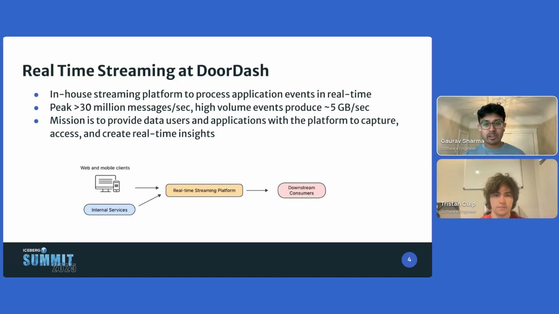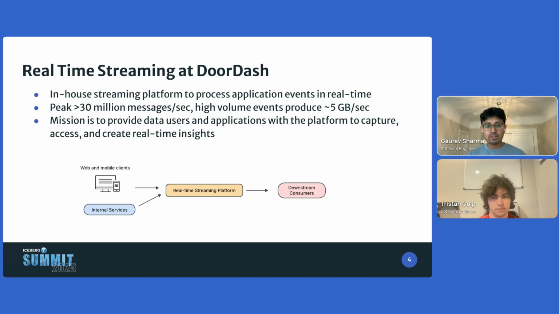Just to talk a little bit about scale, at our peak traffic time, we're looking at more than 30 million messages per second coming in. And some of our highest volume events produce up to 5 gigabytes of data per second. So the overall mission of our platform is to provide our data users and applications with the capability to capture, access, and create real-time insights.